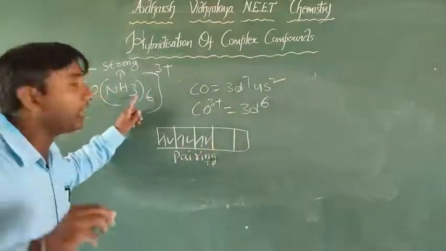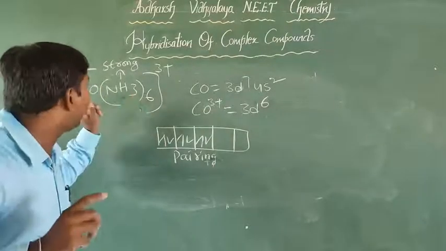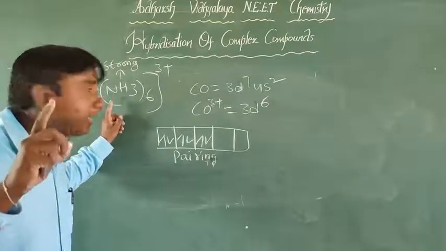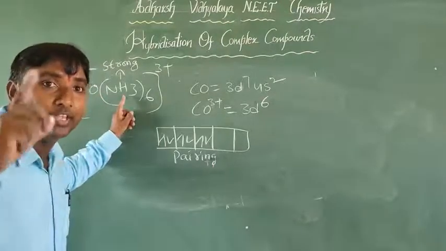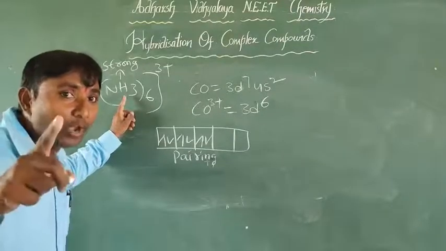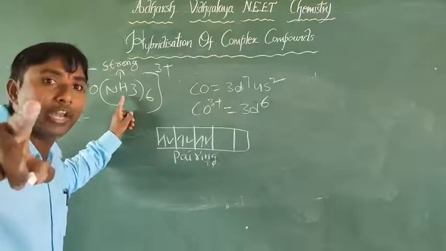Here, cobalt is bonded with how many ligands? 6 amines, 6 ligands. That means the central atom forms 6 bonds. Each bond equals how many electrons? 2 electrons. 6 into 2, 12 electrons.